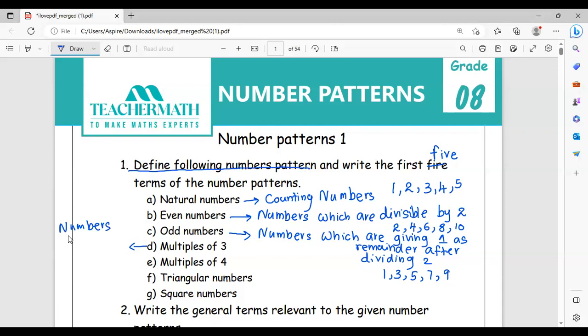Then numbers which are obtained by multiplying 3. 3න් ගුණ කරාම අපිට හම්බෙන numbers වලට තමයි අපි කියන්නේ multiples of 3 කියලා. Then 3, 6, 9, 12, 15.